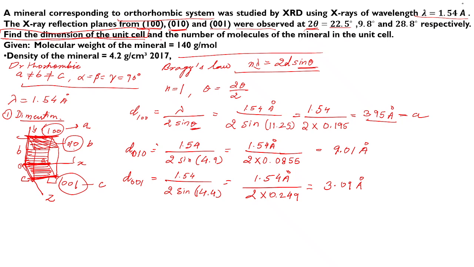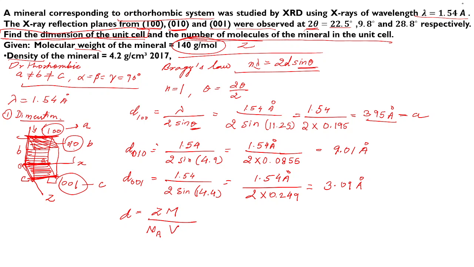Now, the number of the molecules of the mineral. Okay, they are asking the number of molecules, means Z. Do you remember there is a formula, and they have given a molecular weight and density. So we have studied this formula: density is equal to Z, number of molecules, multiplied by molecular mass, which is already given in the question, divided by Avogadro number and volume.